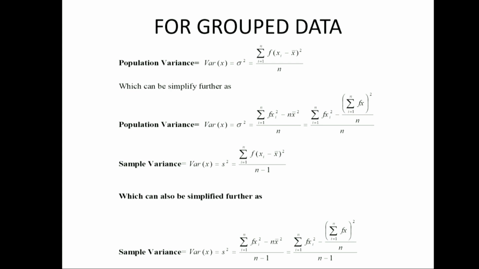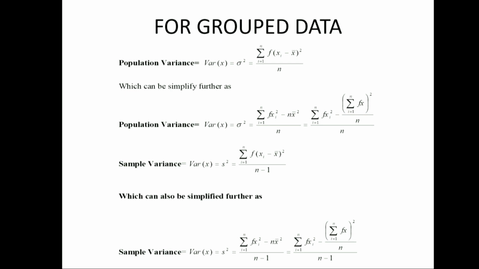So this one also, we can simplify it further into sigma square, which is sum of Fi Si square minus N S bar square, everything divided by N, which we can also simplify further to sum of Fi Si square minus (sum of Fi Si) square divided by N, everything divided by N. So that is for population variance.